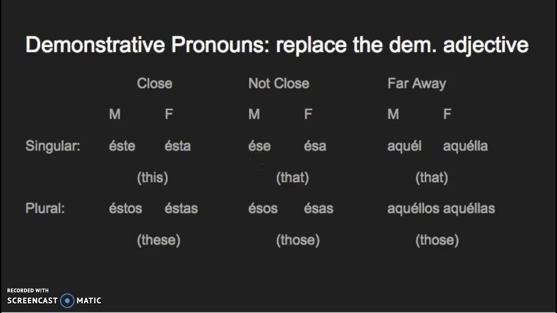For things that are a little further away, ese, esa, esos, and esas. For things that are even further away, aquel, aquella, aquellos, and aquellas.